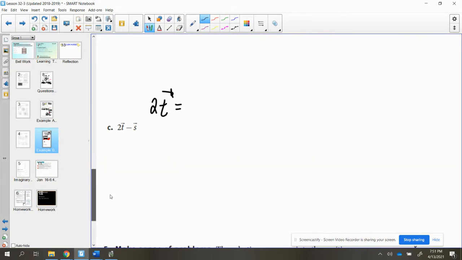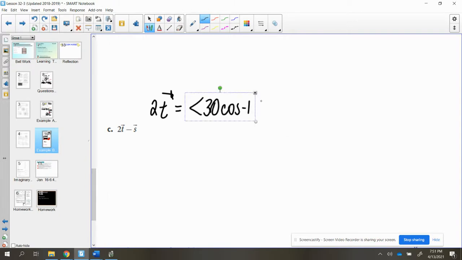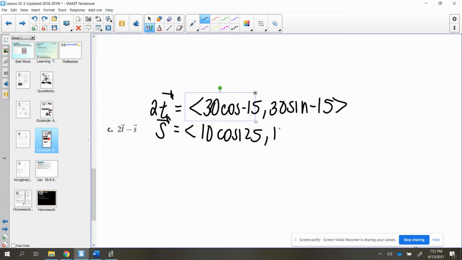So 2T is actually going to be taking 30 times the cosine of negative 15 degrees and 30 times the sine of negative 15 degrees. And then we said from up above, vector S was 10 cos 125 and 10 sine of 125.